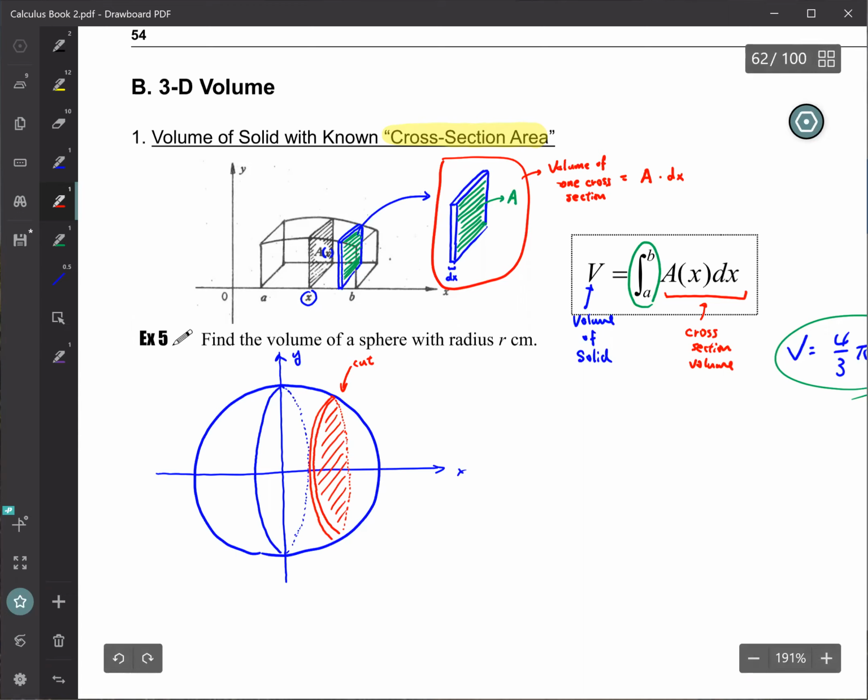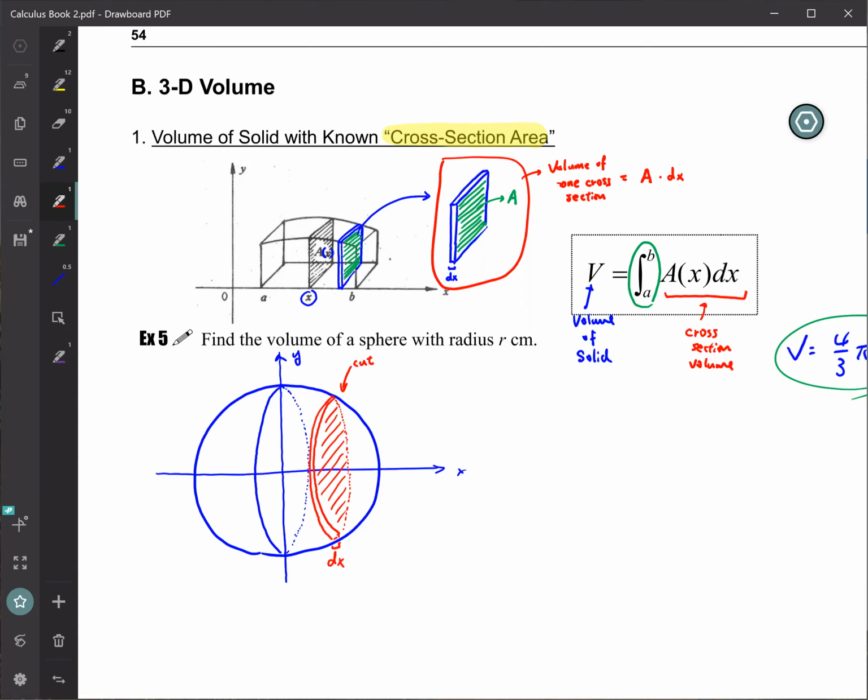So this thickness is also parallel to the x-axis, so it also has a thickness of dx. When you are cutting vertically, when you put your knife down vertically, then the thickness is the dx.